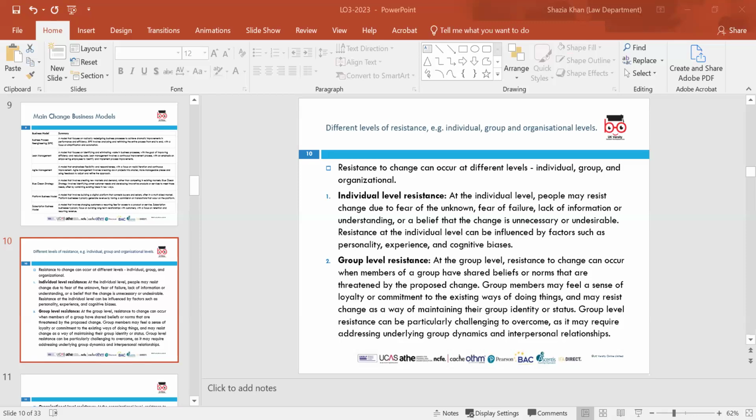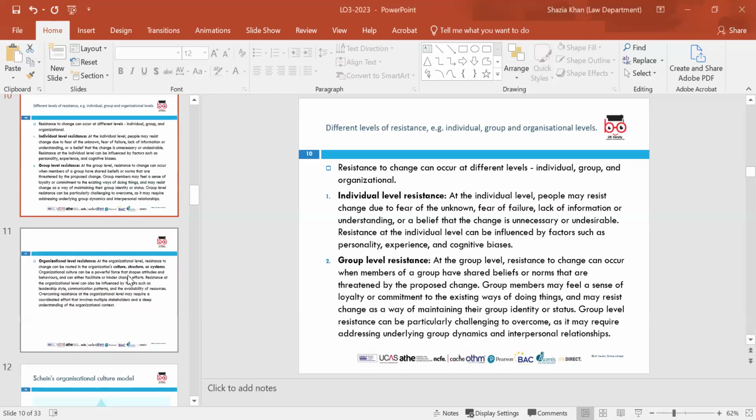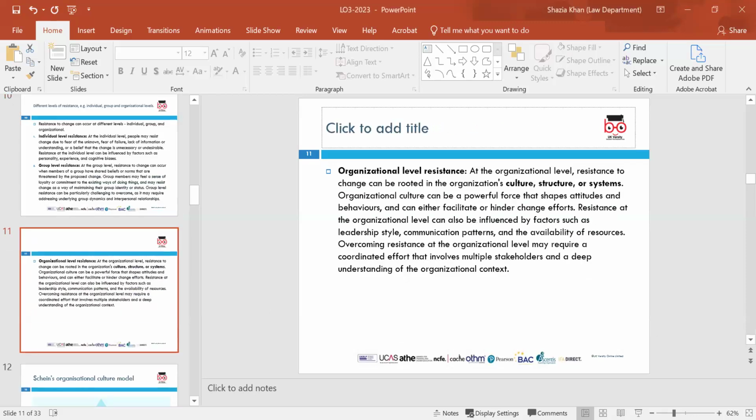And group level resistance is where members of a group have a shared belief. They all feel threatened by the change, so they will be resistant to that change. Then you've got organizational level resistance, which is an organization's tendency to resist change and want to maintain the status quo.